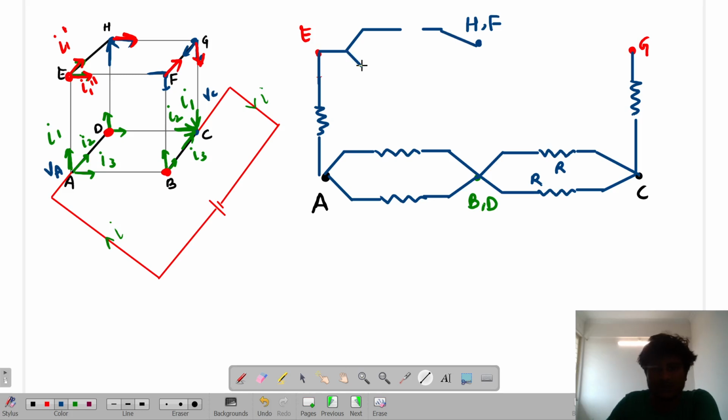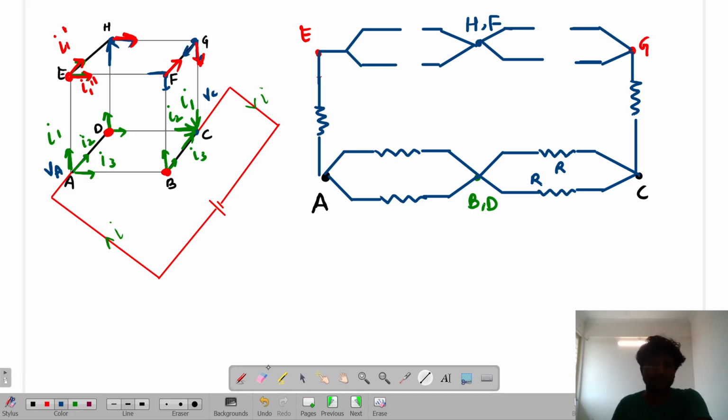Then H to E to F, one more resistor. F to G, one resistor. And H to F, H to G, one more resistor. So this is your circuit.